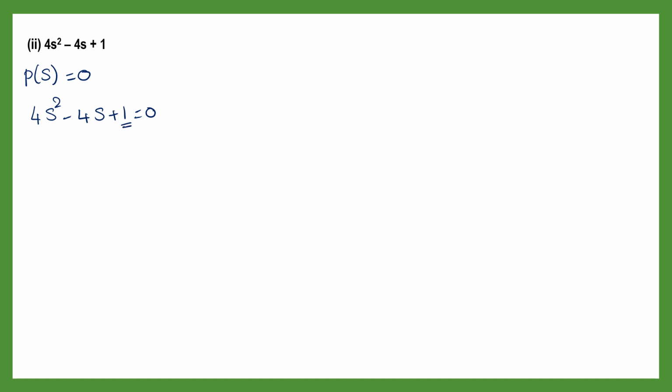So 1 is the constant, coefficient of s square is 4. So 4 into 1 is equal to 4. This 4 should be split into two numbers such that their product should be equal to 4 and the sum of these two numbers should be equal to the coefficient of the middle term.